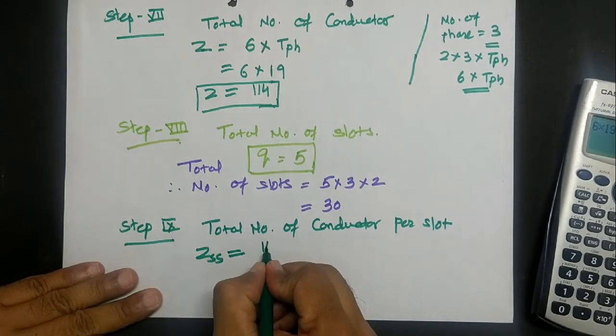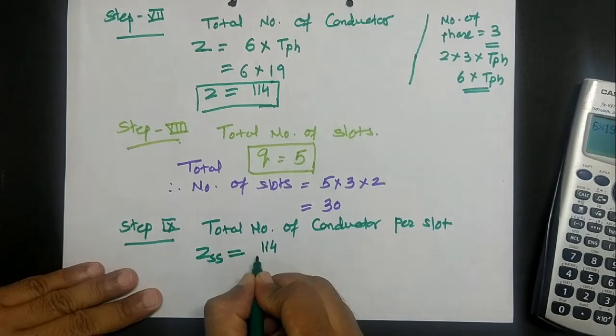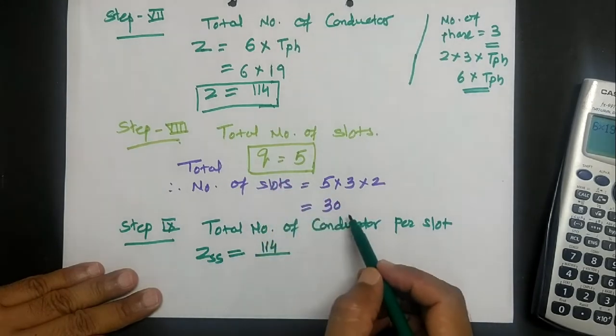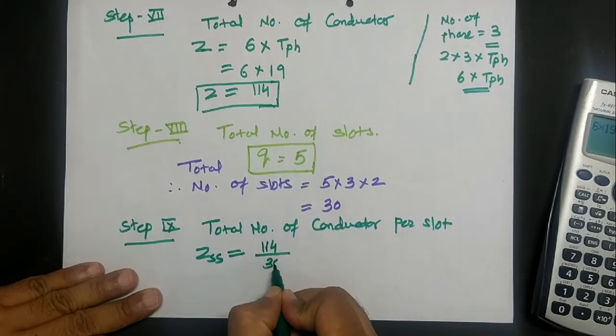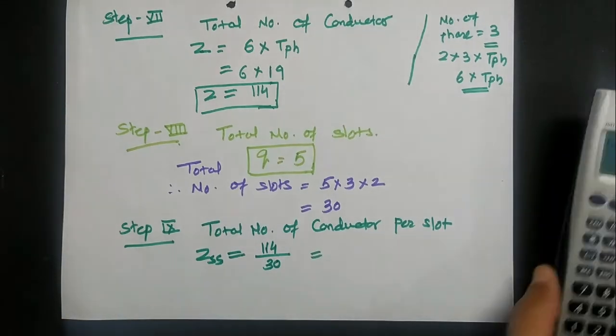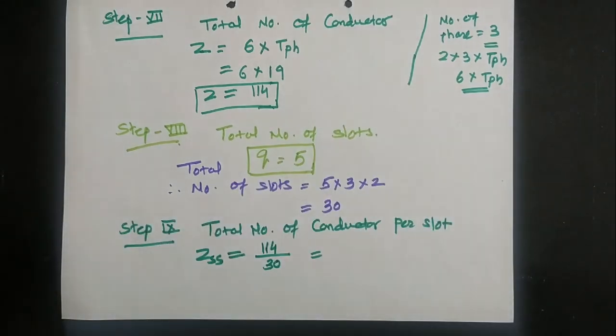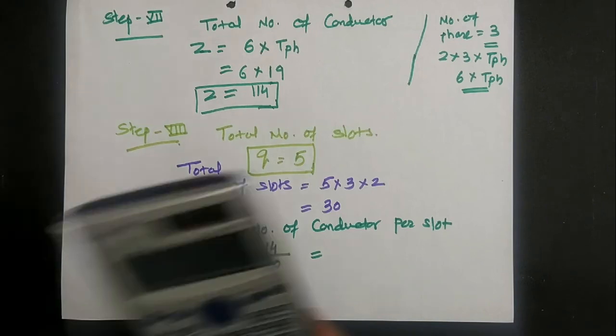We have a total of 114 conductors and a total of 30 slots, so it comes to 114 divided by 30, which is 3.8.